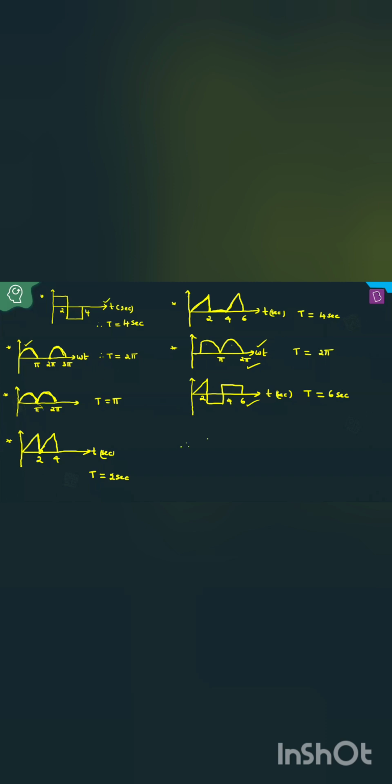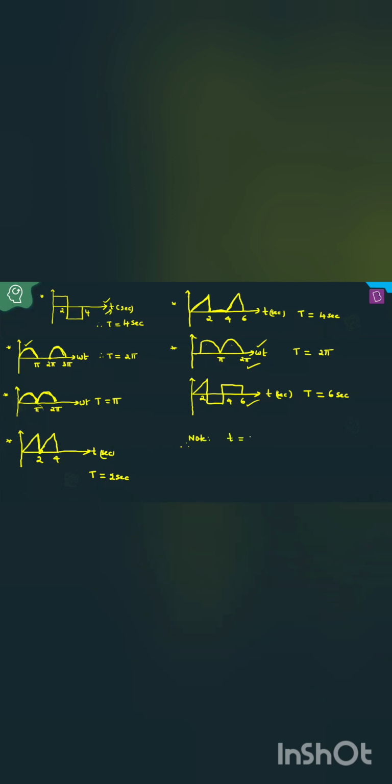See, for example, if you have to replace t by omega t, then you replace the time period by 2 pi. Here I have written in terms of the t axis, and this I have written in terms of the omega t axis. What is the difference here?